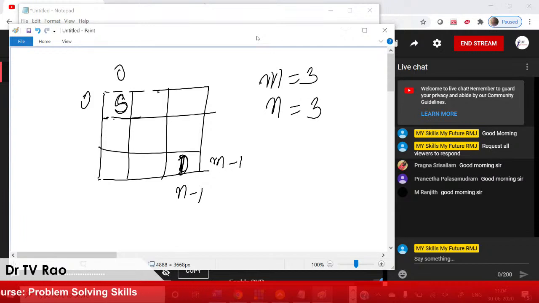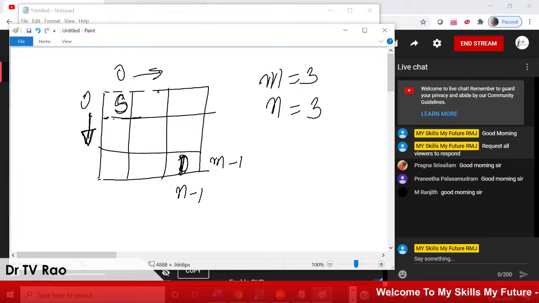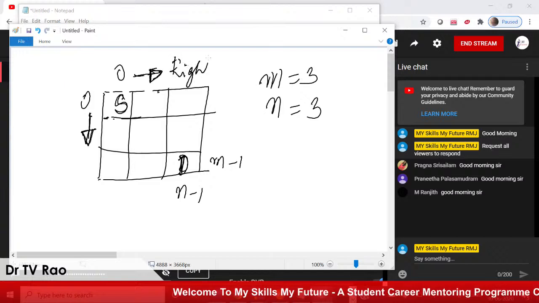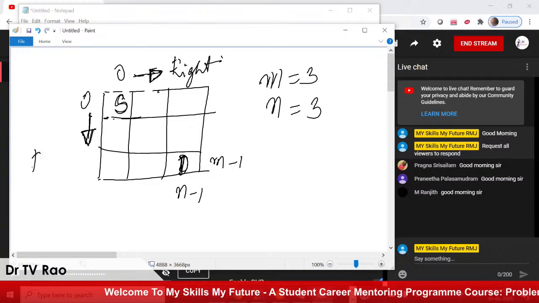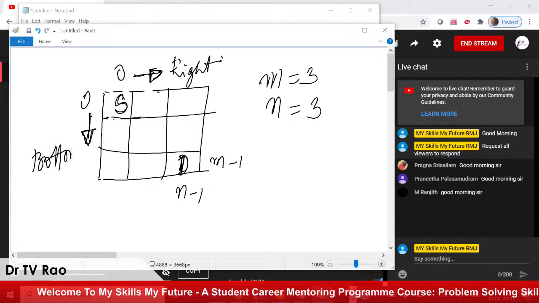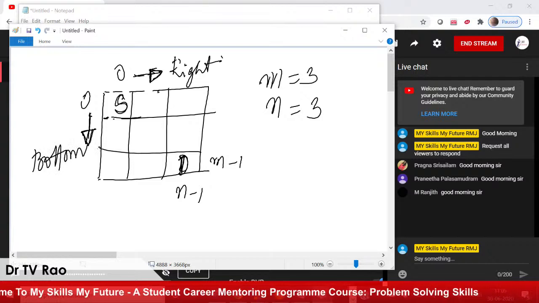If you are allowed to travel only towards right and towards bottom, you are allowed to take one step at a time to right and bottom or down.